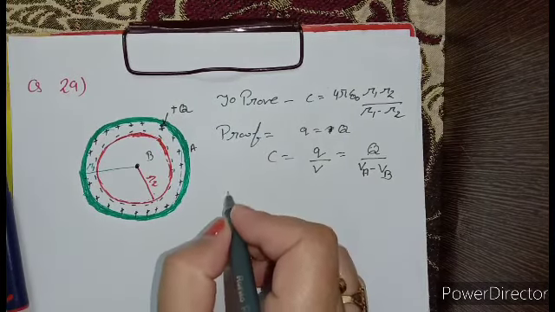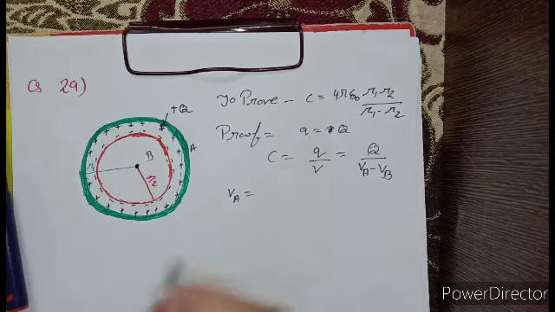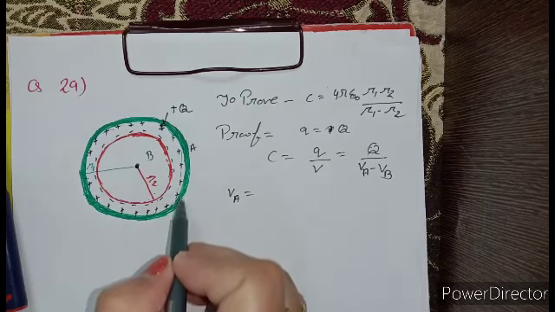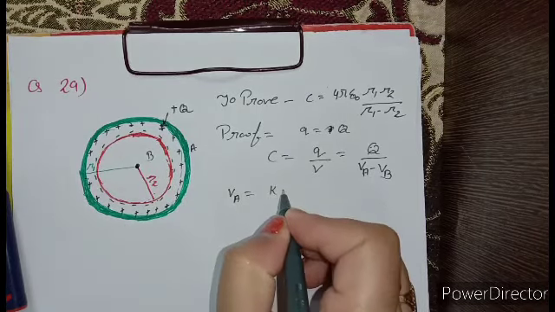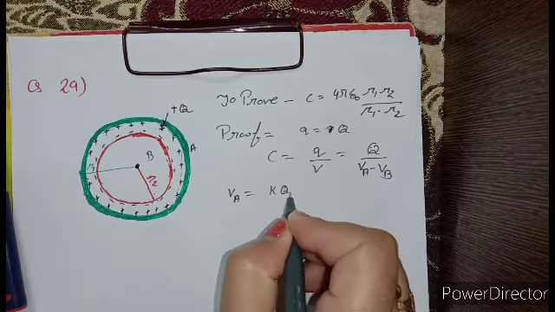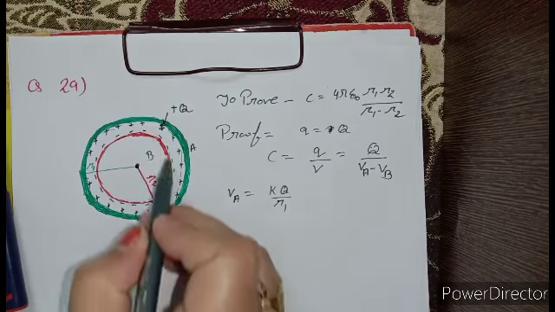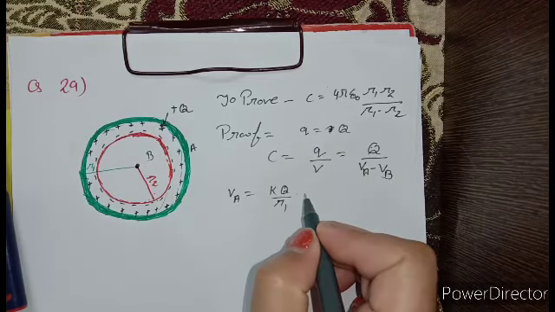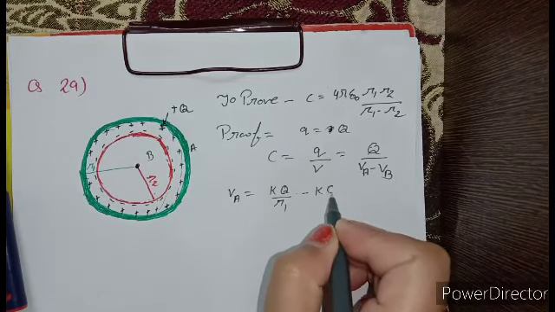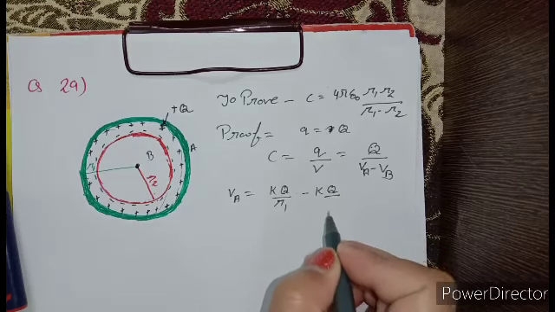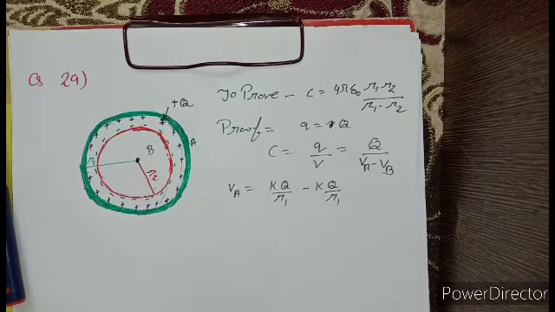Okay, so now VA will be equal to, due to this positive charge, KQ divided by R1, and due to this negative charge, negative KQ divided by R1.